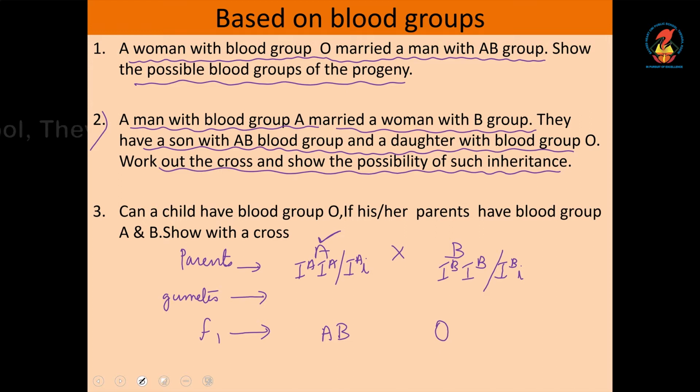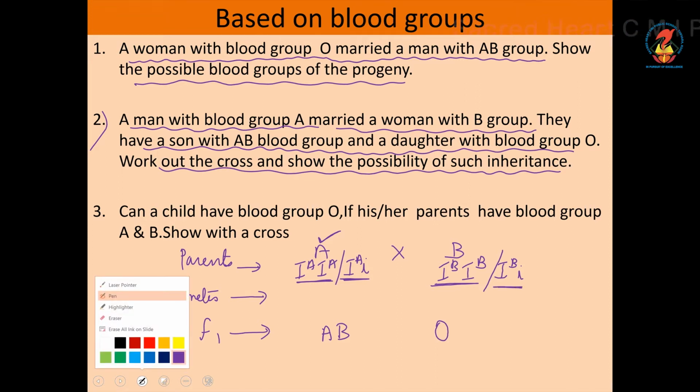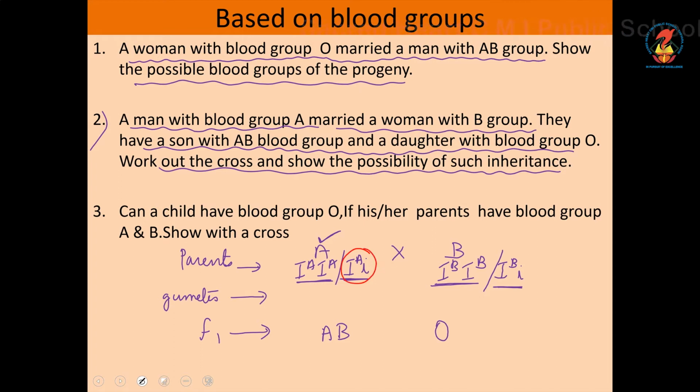So we have to decide whether the parent is homozygous A or heterozygous A, and whether this parent is homozygous B or heterozygous B. You can immediately jump to the conclusion that this parent is heterozygous A and this parent is heterozygous B from this offspring.